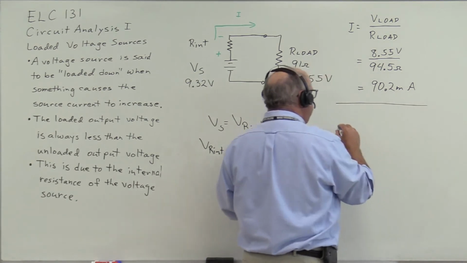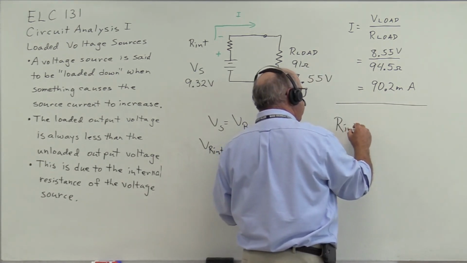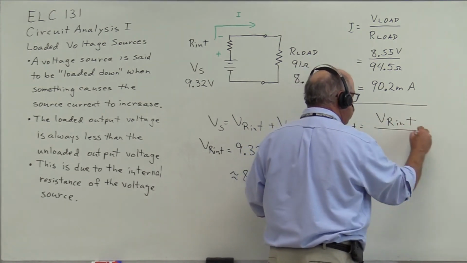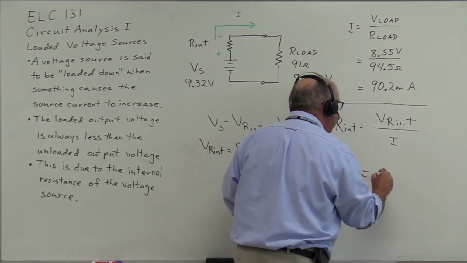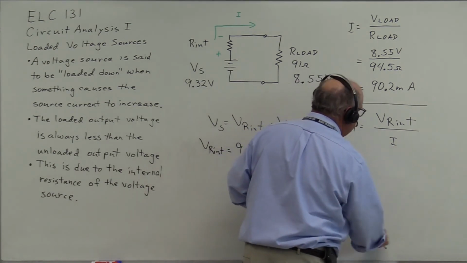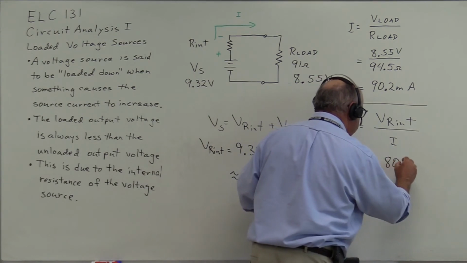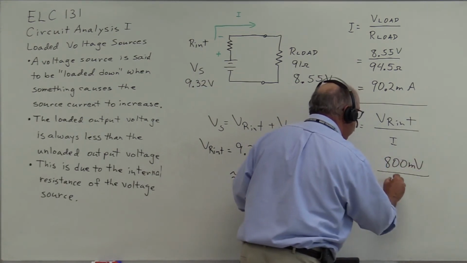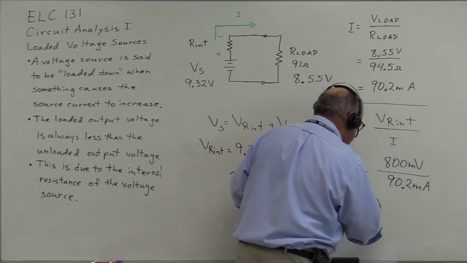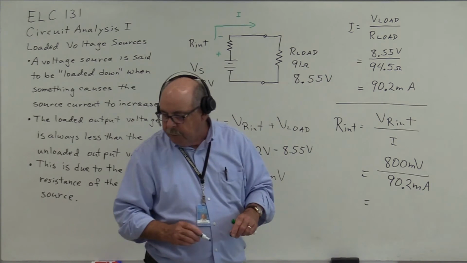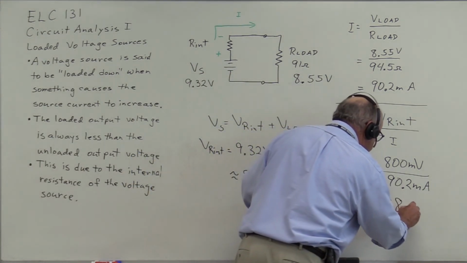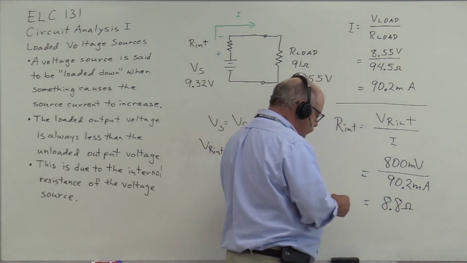And of course, now we can determine the value of the internal resistance by taking the voltage across the internal resistance divided by current. 800 millivolts divided by 90.2 milliamps gives us a value of internal resistance of approximately 8.8 ohms.